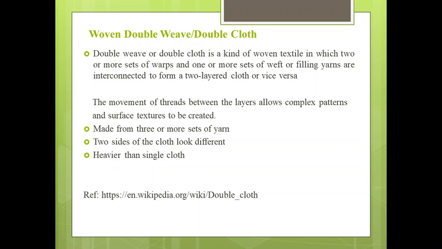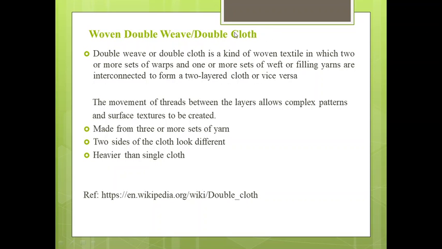Another kind of weave which is very much employed for upholstery fabric and home furnishing is woven double weave, or double cloth. Before that, we must understand there is a difference between double weave and double cloth.